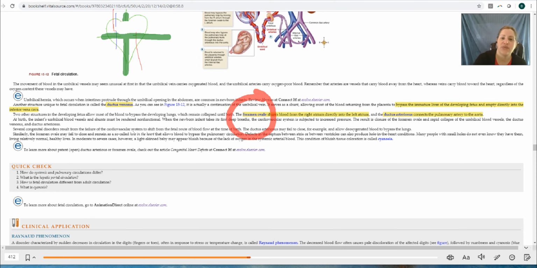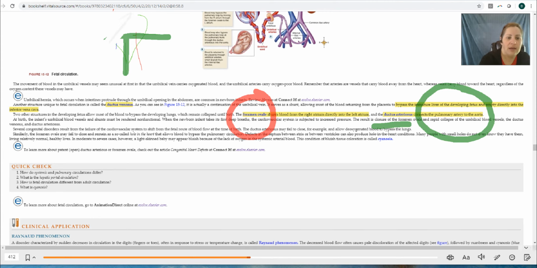The third structure is called the ductus arteriosus, and it connects the pulmonary artery straight to the aorta. So what this one does, so the blood goes like this, right?